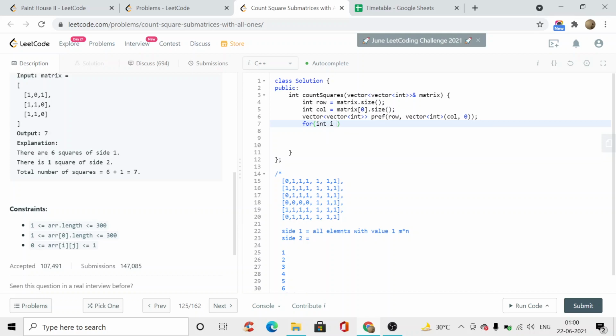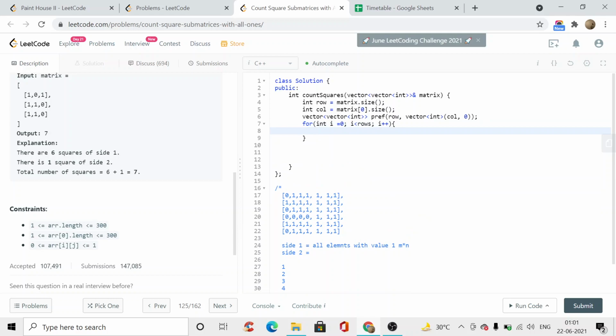So I will traverse it just like that until less than rows, then it will be i plus plus, then column wise.